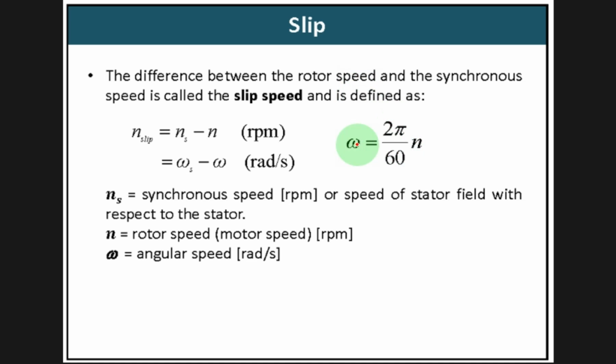This you can easily remember because in rounds per minute, minutes is at the bottom. Therefore, if you want to calculate per second, then you have to multiply this by 60, and one round is 2π radians. Therefore you have to multiply the top side by 2π. So if you want to convert RPM into radians per second, you have to multiply it by 2π and divide by 60.